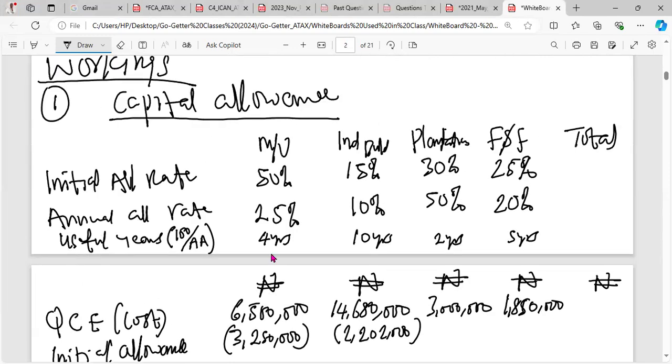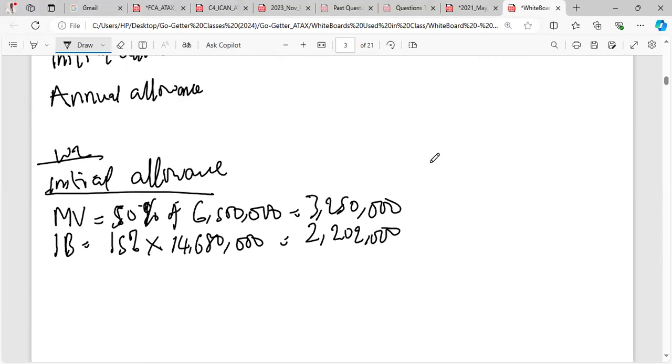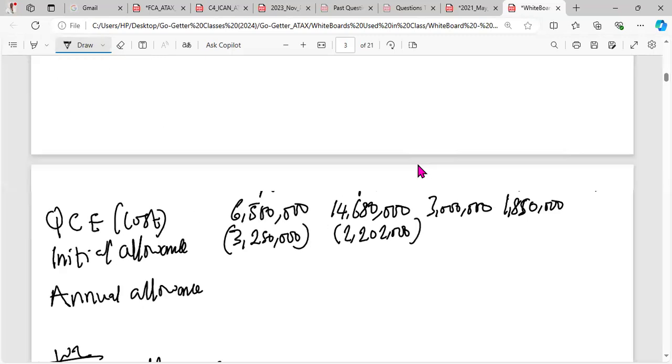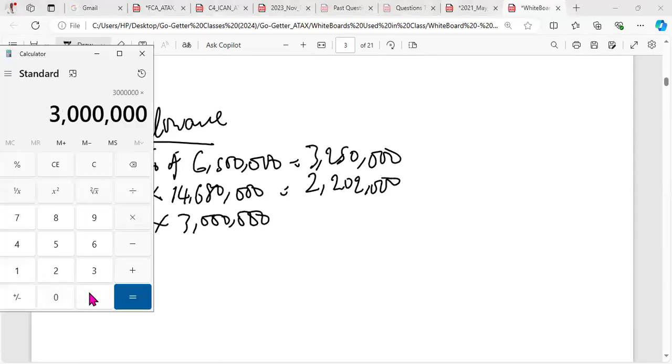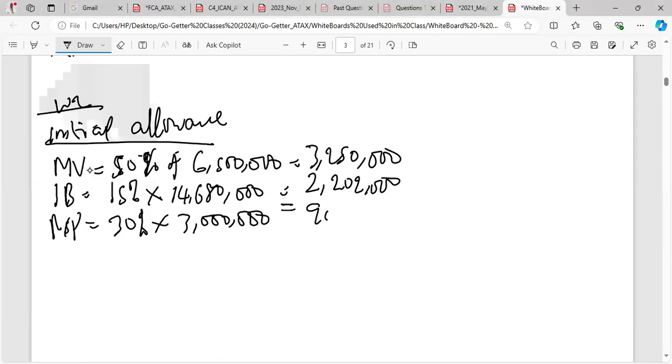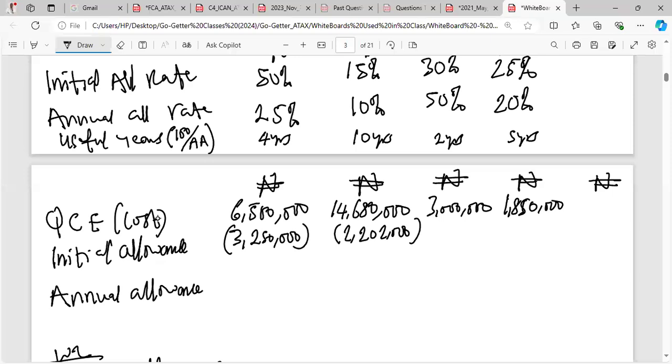The next one, ranching and plantation, is 30% of 3 million. 3 million times 0.3 is 900,000. Go up there and write it.